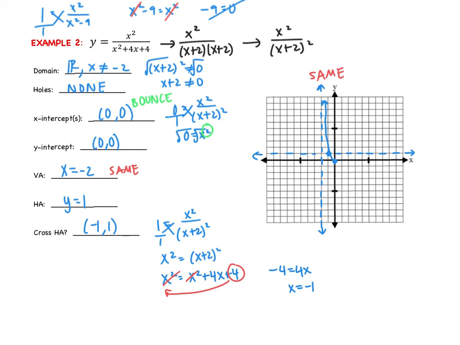Now here is the trickiest part, figuring out the rest of what goes on over here. The first thing I want us to note is to remember that that x-intercept is going to bounce. So we are not coming down here. We are going to bounce. So it's going to bounce up like this.